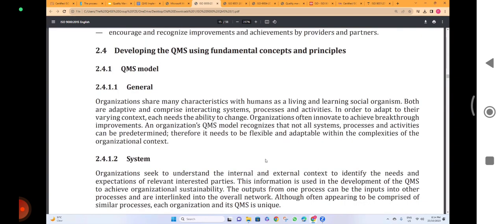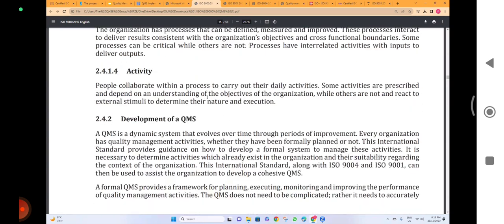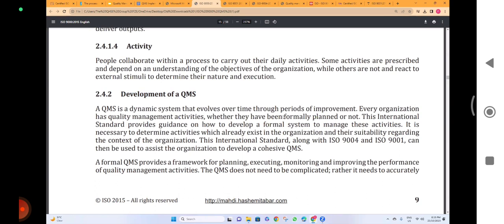And then if we just scroll down here, we are going to see development of a quality management system. So here it reads, every organization has quality management activities, whether they've been formally planned or not. And these international standards provide guidance on how to develop a formal system to manage these activities, okay?